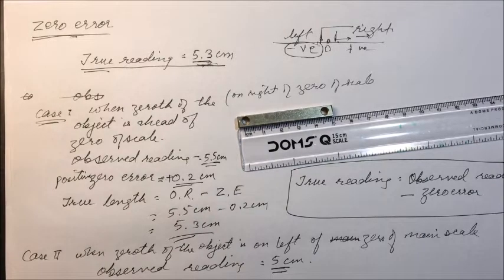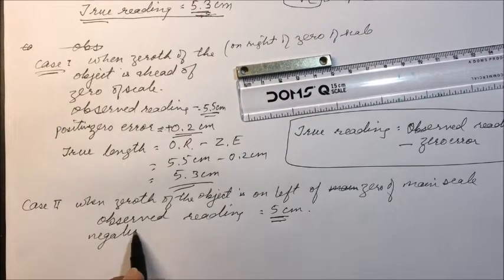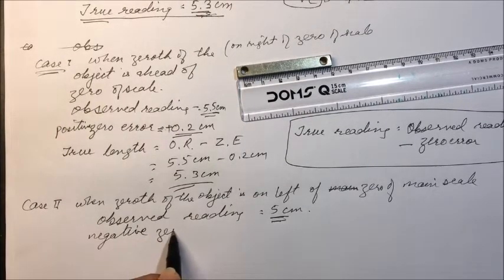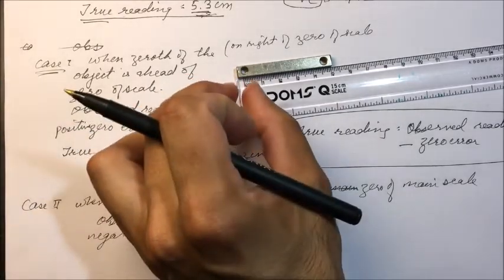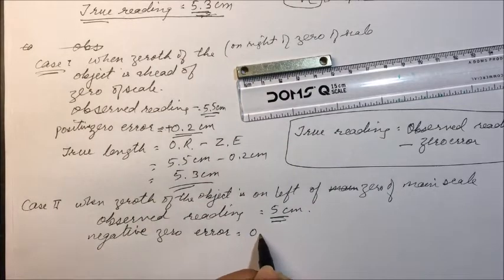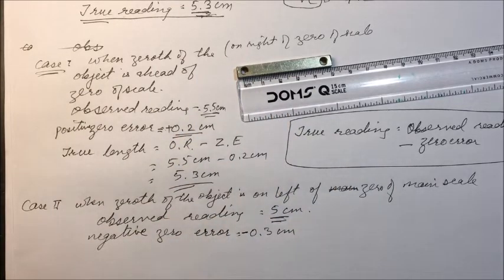We name it negative zero error. Negative zero error equals how much? We measure this length using some scale, and it comes out to be 0.3 centimeters. Since it is on the left side, we put a negative sign.